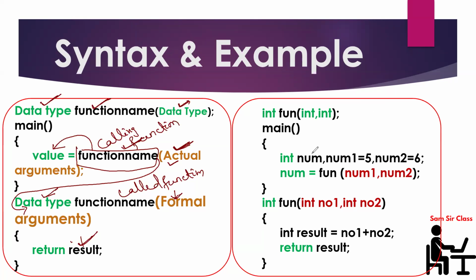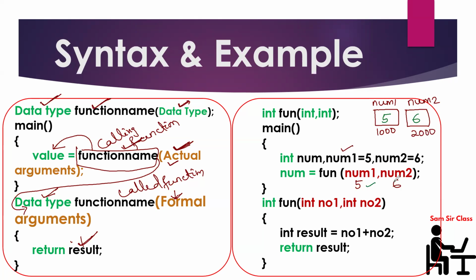So in this example, what we have done, we have declared number 1 and assigned the value 5, number 2 as 6. Okay. So you are passing the values 5 and 6 while calling the function fun. Okay. Now, what is happening in the background? Number 1 is at memory location 1000. Number 2 is at memory location 2000. Okay. Just assume it. So inside number 1, you have kept 5. Inside number 2, you have kept 6.